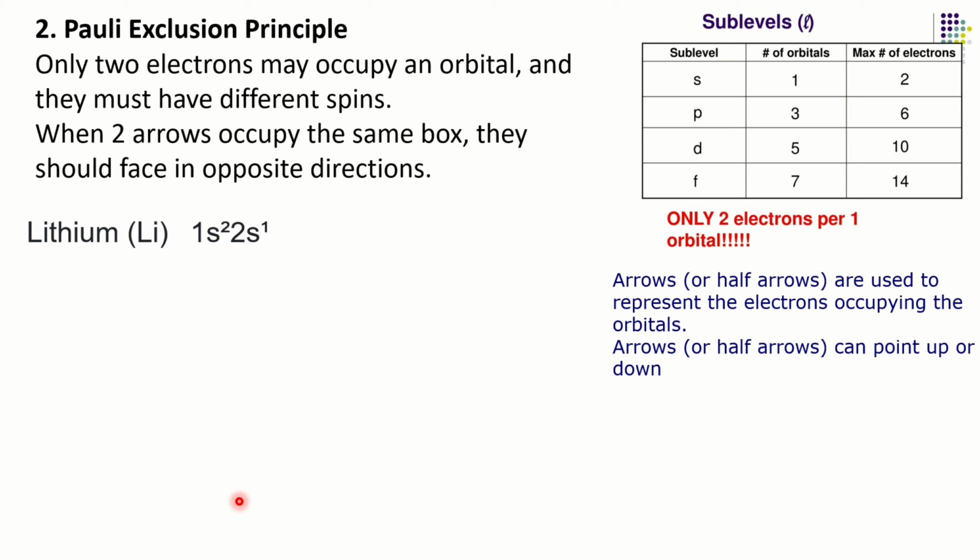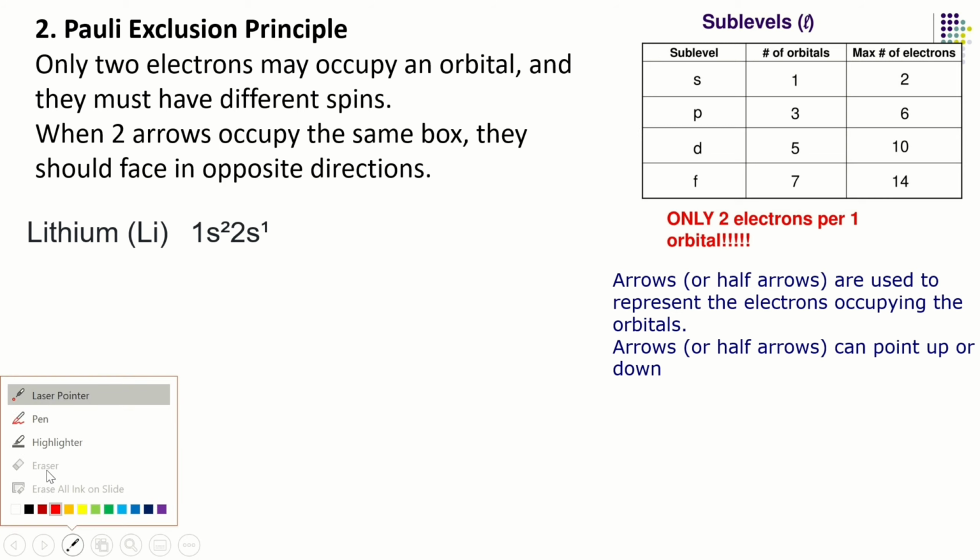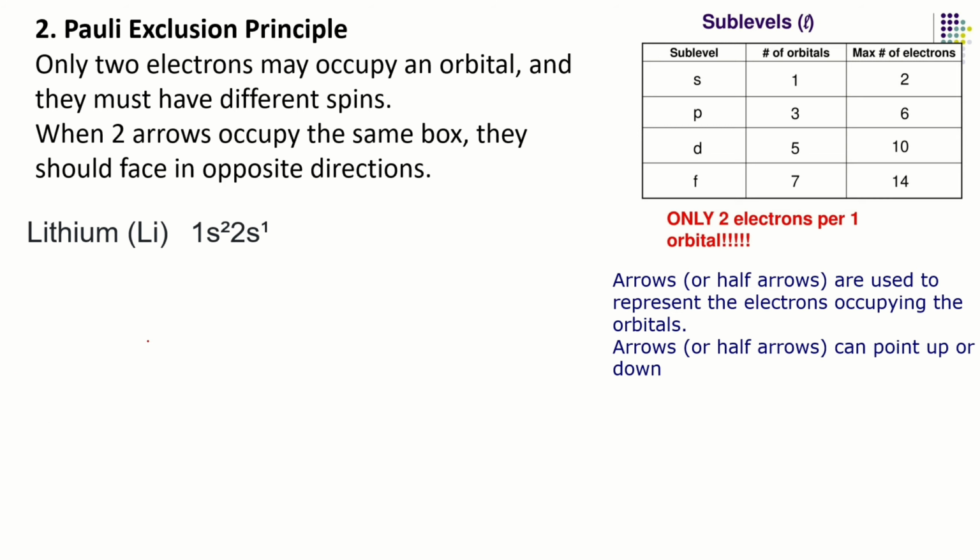Again, the orbitals are represented by boxes. Okay, box. So, for s sublevel, how many orbitals are there? We only have 1. Okay, so let's draw a box here for the 1s2.